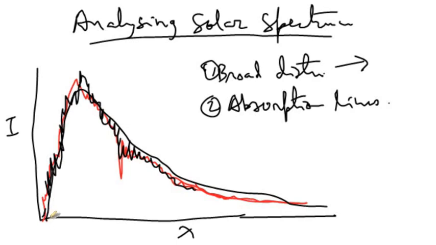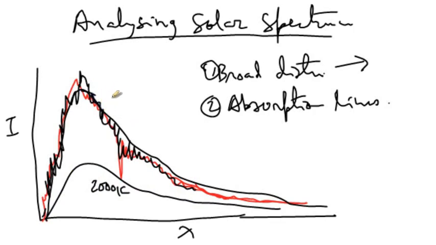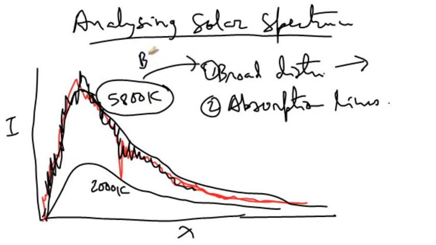Yeah, we can have black body radiation corresponding to different temperatures. So this will be say a 2000 degree Kelvin curve, and this curve where it broadly follows this nature approximately corresponds to 5800 Kelvin. So this is important. This broad distribution approximately corresponds to black body radiation.